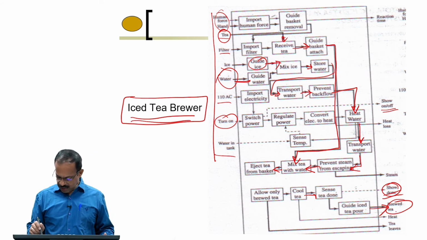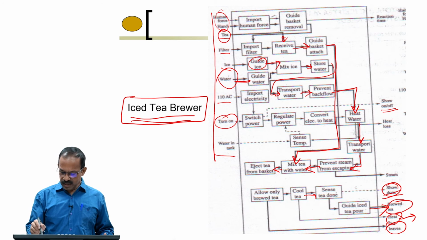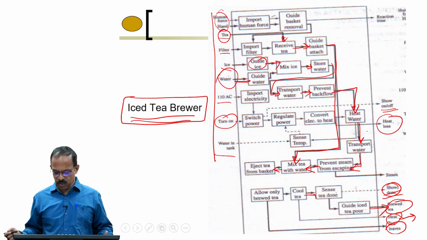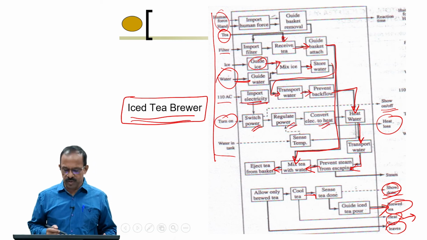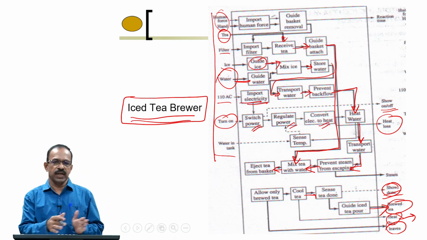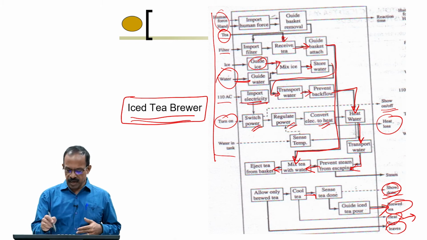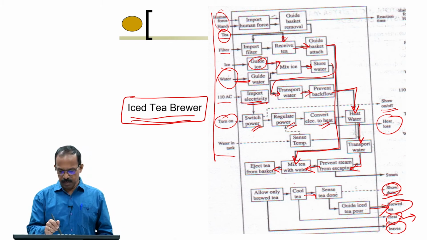Similarly, the used tea leaves come out, and heat comes out here, and heat loss occurs when you are heating the water. And you have this electricity loop: import electricity, switch power, regulate power, convert electricity to heat. Until then you have electrical energy, and after that heat energy comes here.